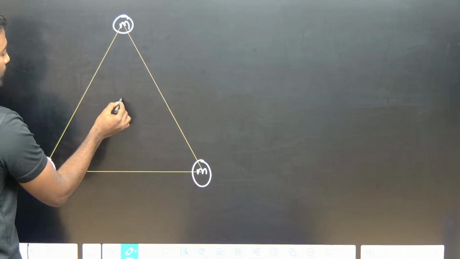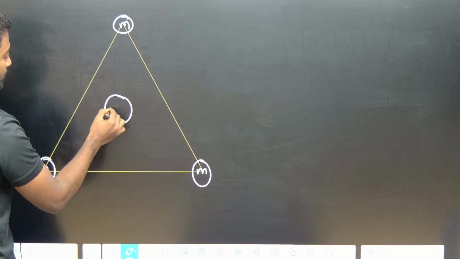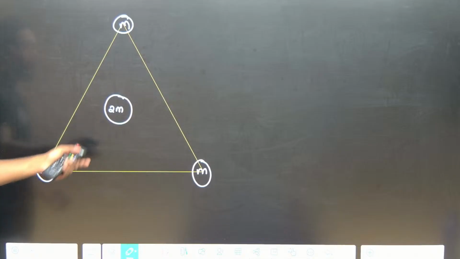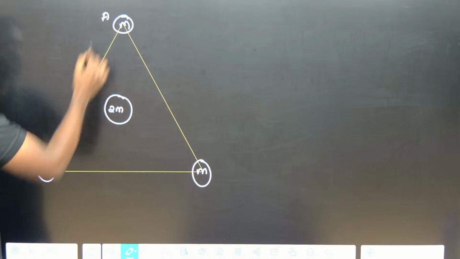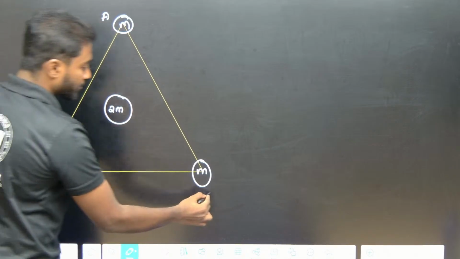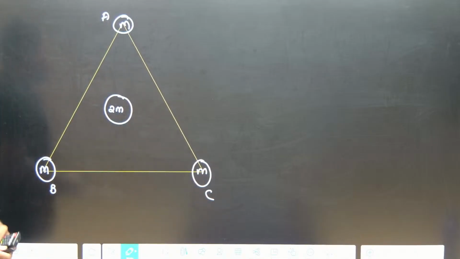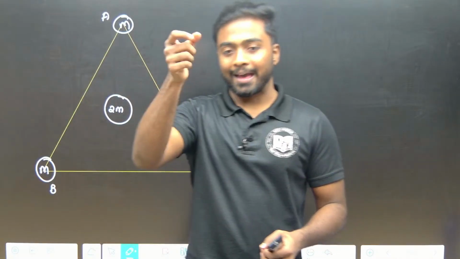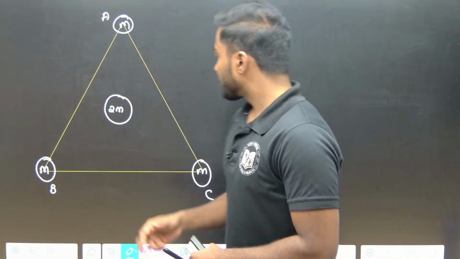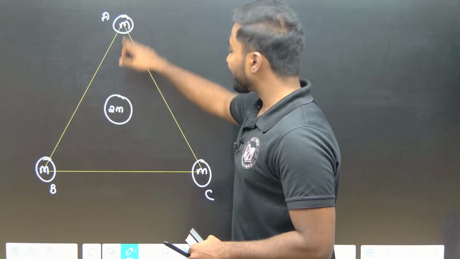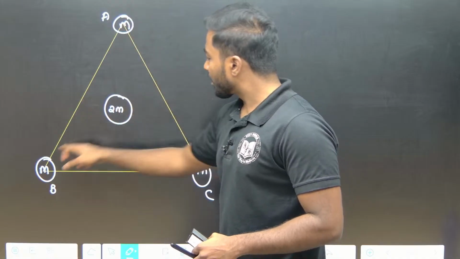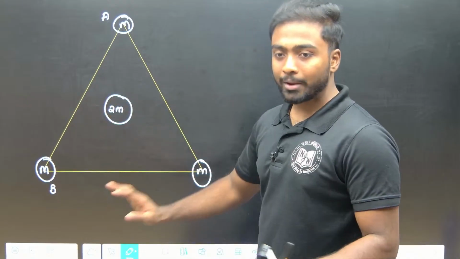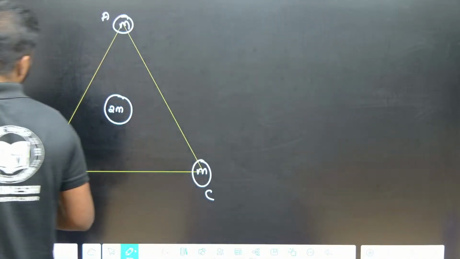When I talk about the mass 2m, which is placed at the center of the triangle, that is the centroid, this is A, this is B, and this is C. I need to take the forces in the axes. When I talk about this in the plane, I need to take x axis and y axis.